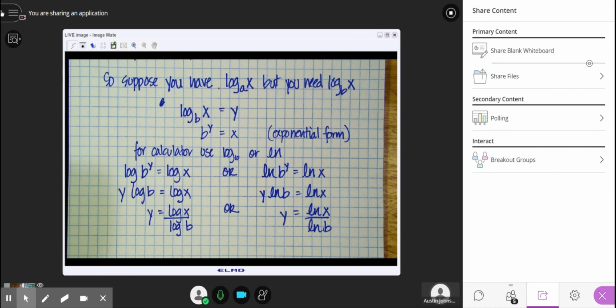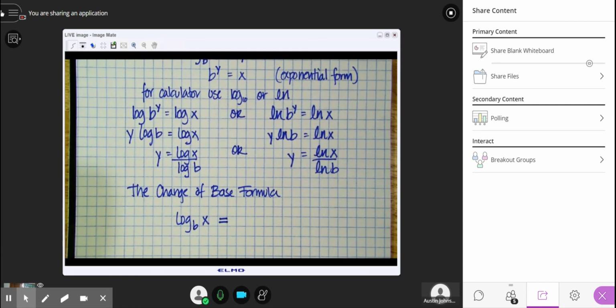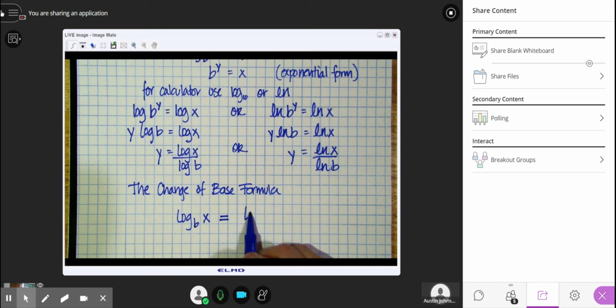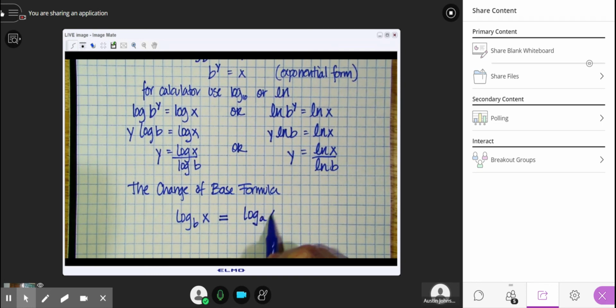Both of these bring us to the change of base formula, which says, if you have log b of x, that is going to be the same as log a of x over log a of b.